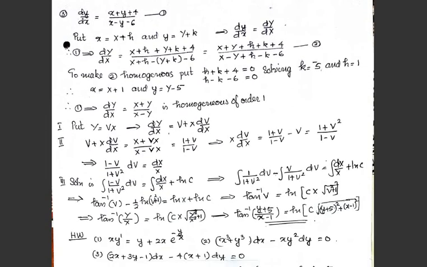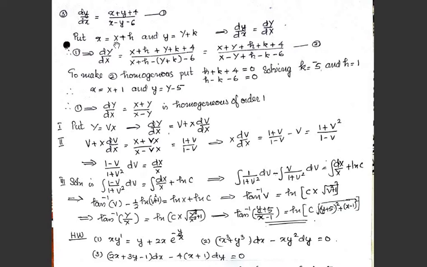Now third problem, dy by dx is equal to x plus y plus 4 divided by x minus y minus 6. This is another type of equation which can be reduced to a homogeneous differential equation of order 1.